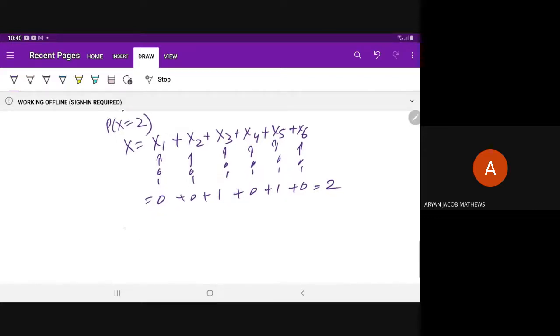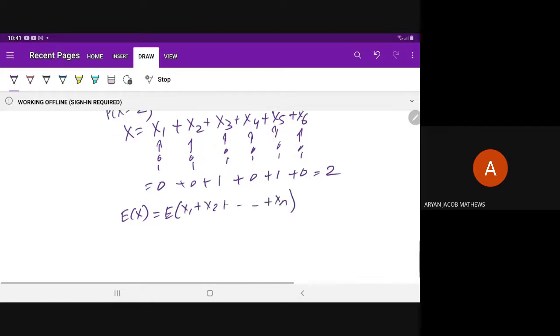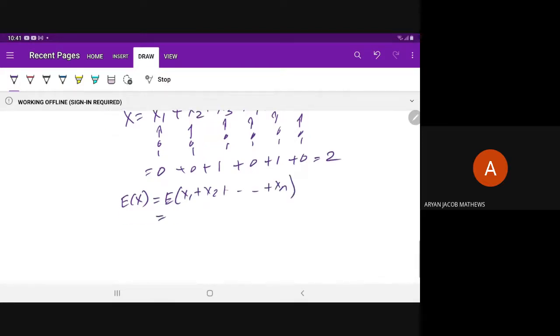So if you take E of X, that means E of X1 plus X2 plus Xn, right? Expectation follows the linear property. So it is E of X1 plus E of X2 plus E of Xn.